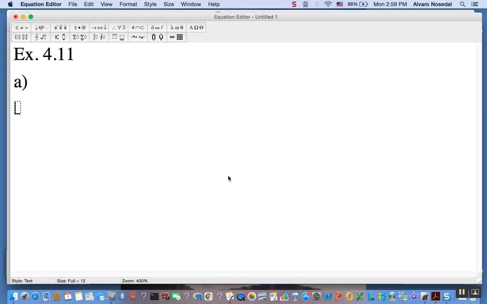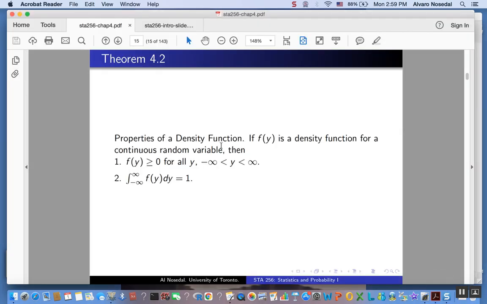So, as I was saying, by property 2 from theorem 4.2, we would like to have this.